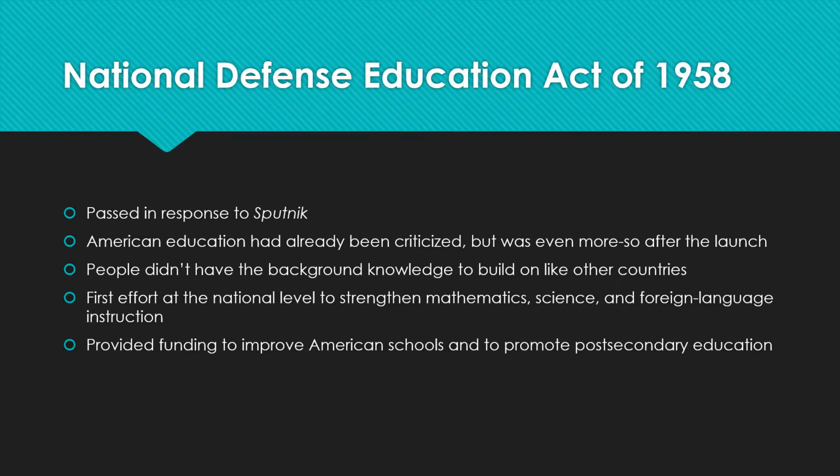American education had already been criticized, but even more so after the launch had taken place. So yeah, people didn't have the background knowledge to build on like other countries.